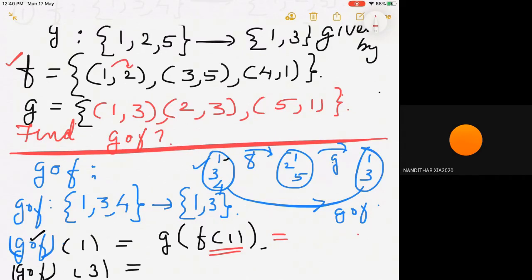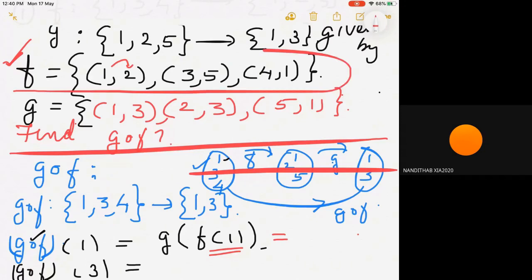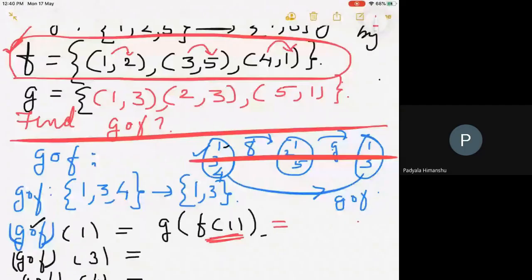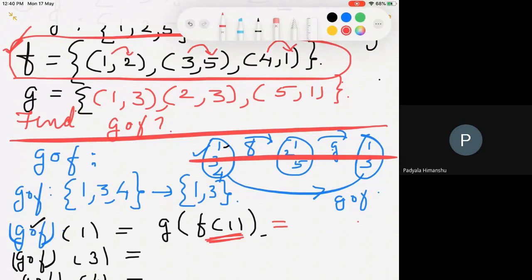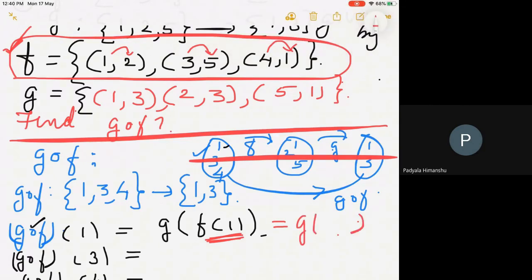What is F of 3? No need of going for the arrow diagram because we have already been given the function here. You have to look here and find all the images. F of 1 is 2, so G of F of 1 is G of 2.